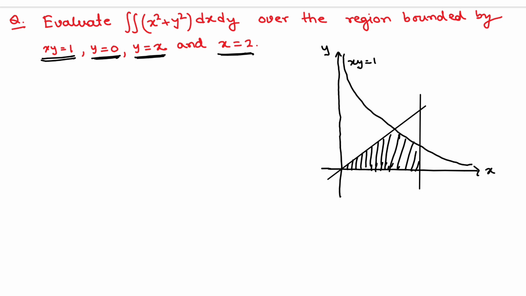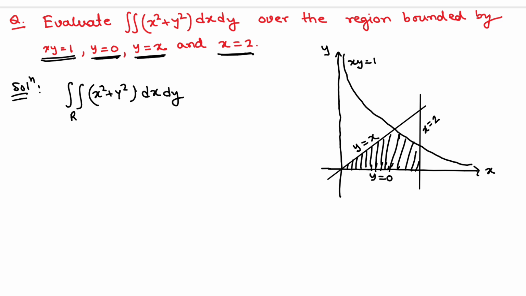Clear? So let's write this straight line. This is y equals to x, this is y equals to 0, and this one is x equals to 2. So, solution: this is the double integration over R of x square plus y square dx dy.